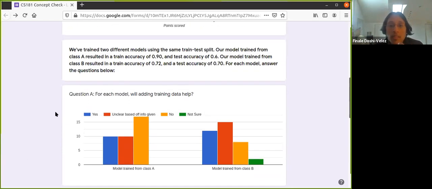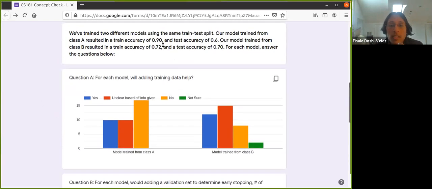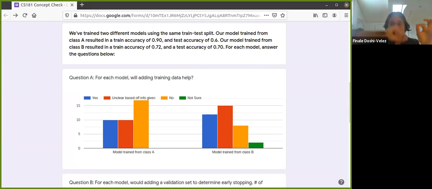So if we believe that the difference in train and test accuracy for model A is coming from variance, because train accuracy was great, it threaded its way through all the points, but the test accuracy just tanked, it's probably because it's doing too many wiggles.